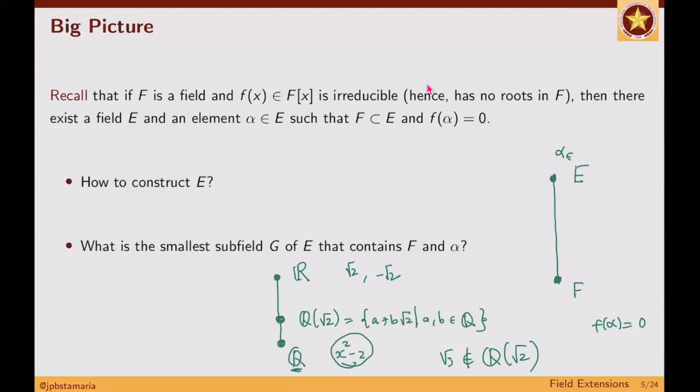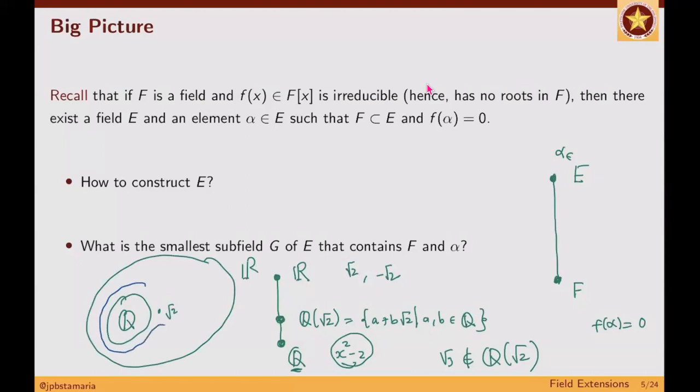So you just want a field, parang ito si Q, ito si R, nandito yung square root of 2. So all I need is a field that contains Q and the element square root of 2, which is the smallest one. No, ayan yung G. Ito lang ang kailangan ko to solve this problem. Kasi by looking at R, that might be an overkill na masyadong malaki yung R.